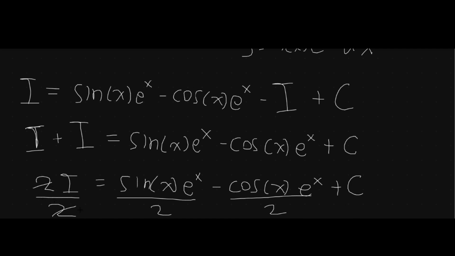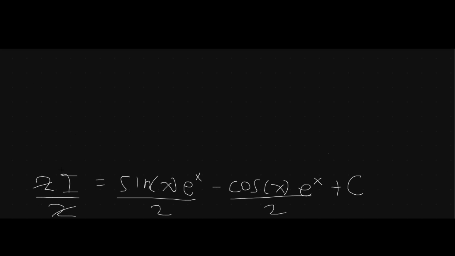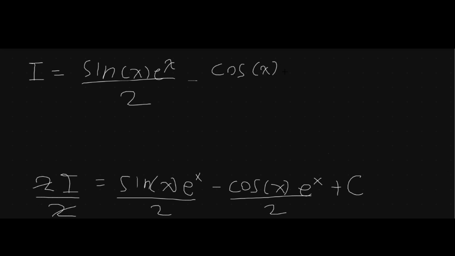So these 2 and these 2 cancel out, and what we are left with is I is equal to sine of x e to the x over 2 minus cosine of x times e to the x over 2 plus the constant of integration.